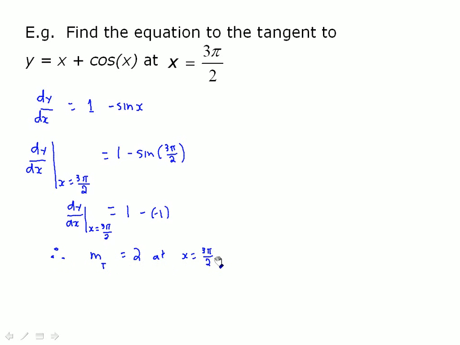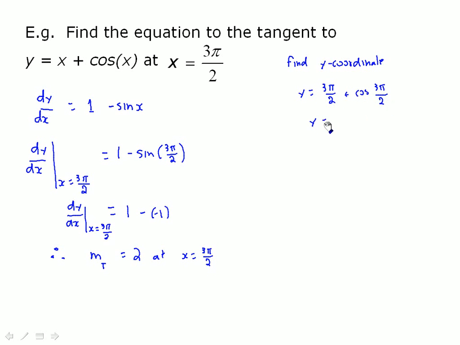Now, in order to get the y coordinate, we're going to have to find out what the y value is on the original. So make sure you go right back into the original, and you'll get y is equal to x, which is 3 pi over 2, plus the cosine of 3 pi over 2.